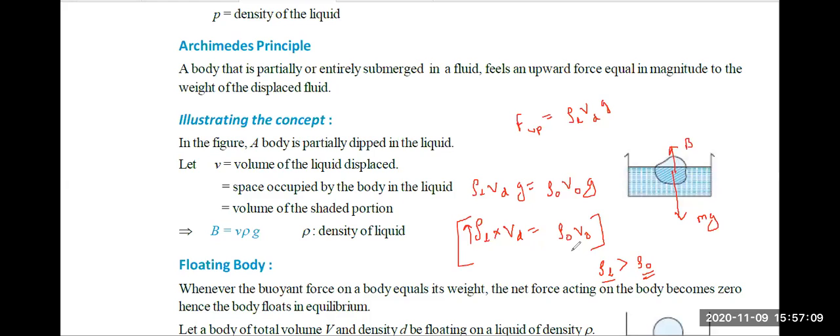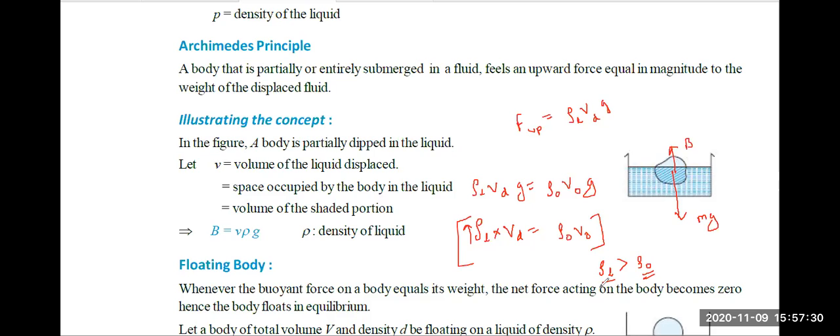Because sometimes they just give you the density and it is intuitive, right? For example, oil on water or ice on water. This is the concept. The density of the object is less as compared to that of the liquid. I'm talking about the density, not the mass. Remember the concept.